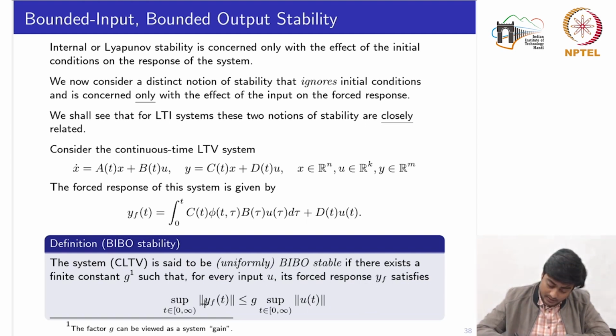That is to say that the supremum of the norm of the signal Y of F over all t greater than or equal to 0 is less than or equal to the gain G multiplied by the supremum of the norm of the signal U of t over all t greater than or equal to 0.